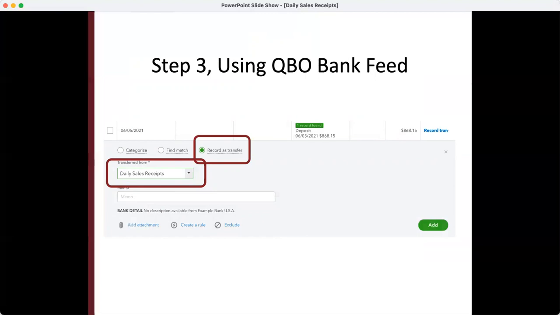Even though QuickBooks is going to try to be helpful because it's coming from Stripe or from Square, and QuickBooks recognizes that as a sale of product income, you recorded the sale when you deposited into the daily sales receipt account. And here you're just recording a transfer. Instead of categorizing it, you're recording a transfer from your daily sales receipts into QuickBooks. And then you can click add and it'll get entered into your bank account.